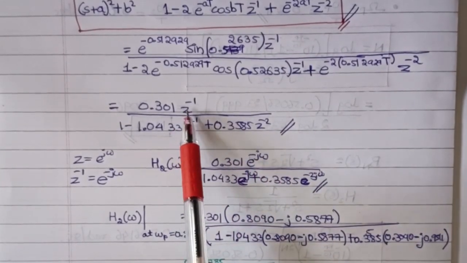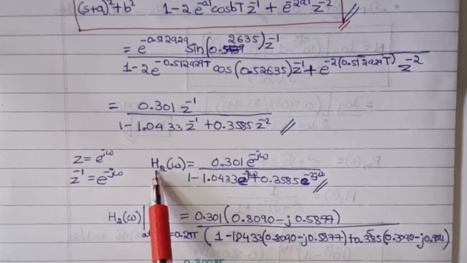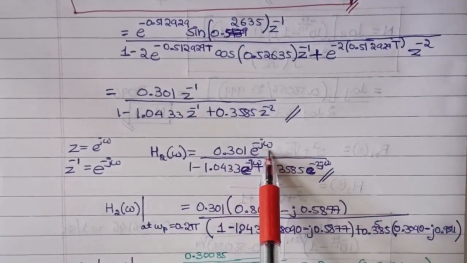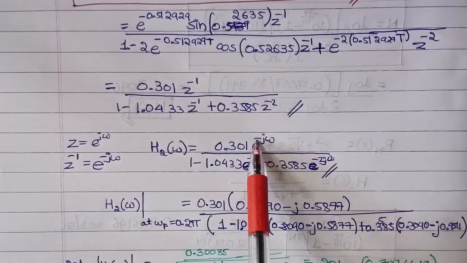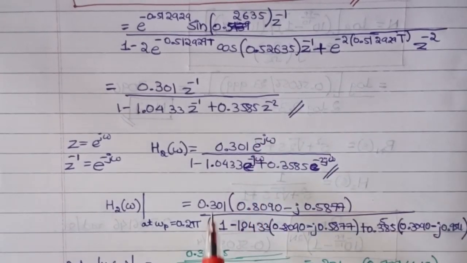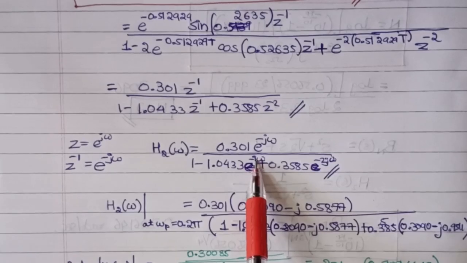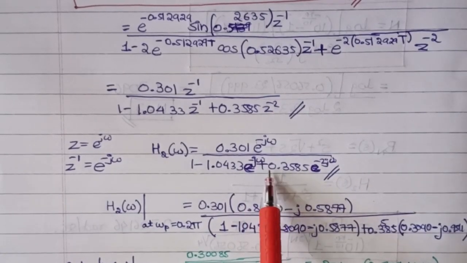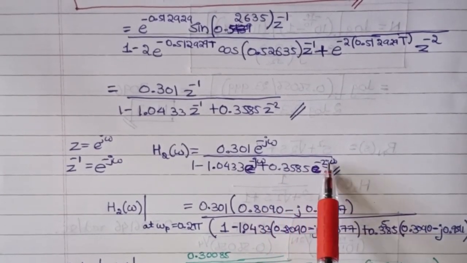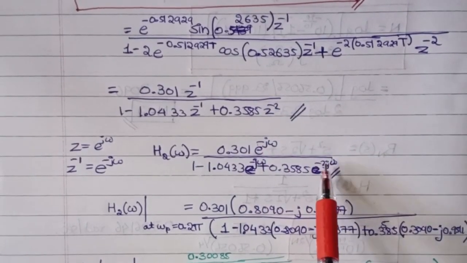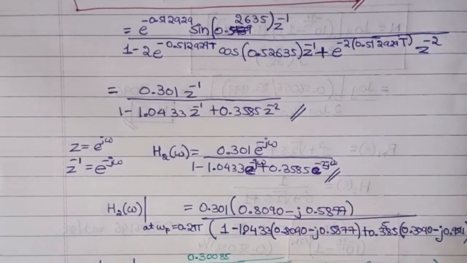Substituting z = e^(jω), we get H2(ω) = 0.301 e^(-jω) divided by 1 - 1.0433 e^(-jω) + 0.3585 e^(-2jω), since z^(-2) becomes e^(-2jω).